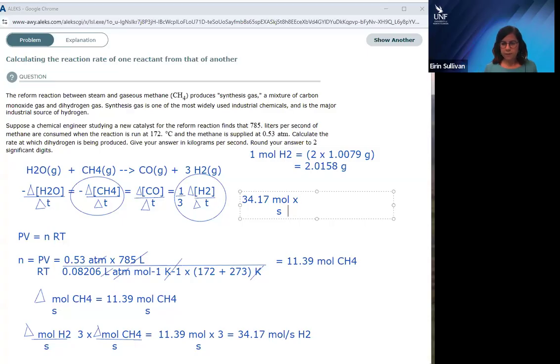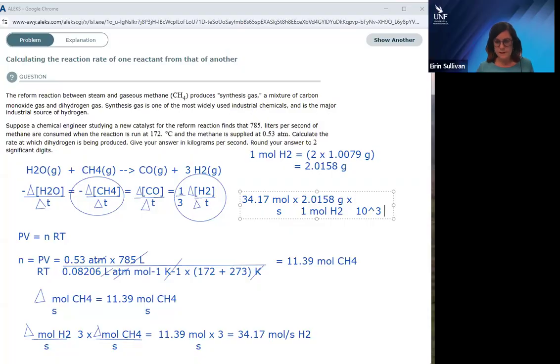So let's get rid of the moles first. 1 mole of H2 contains 2.0158 grams. So right now I've converted my units to grams per second, and then 10 to the power of 3 grams per kilo.